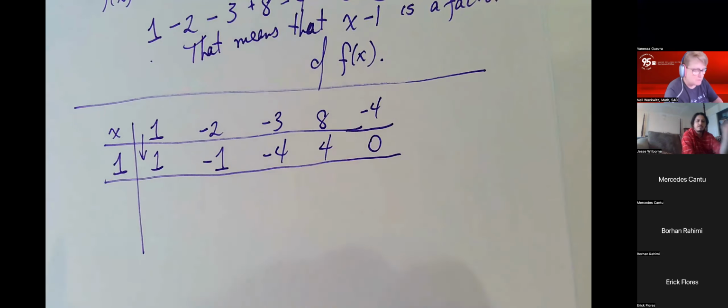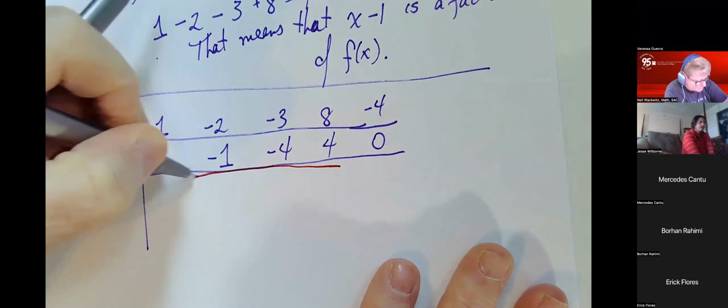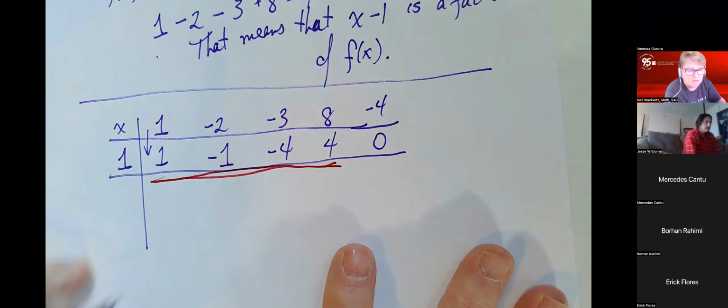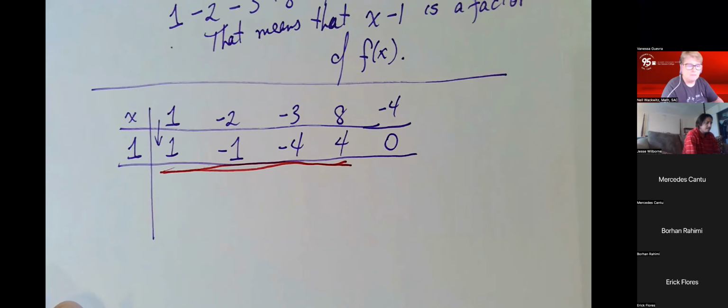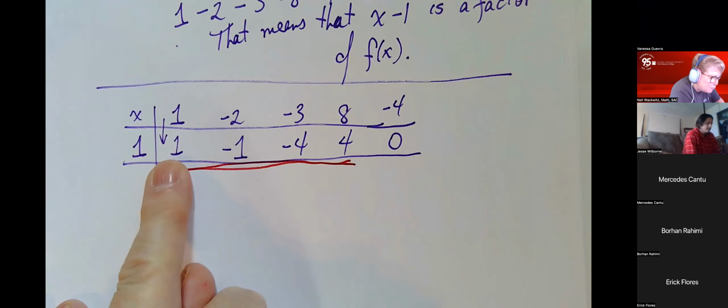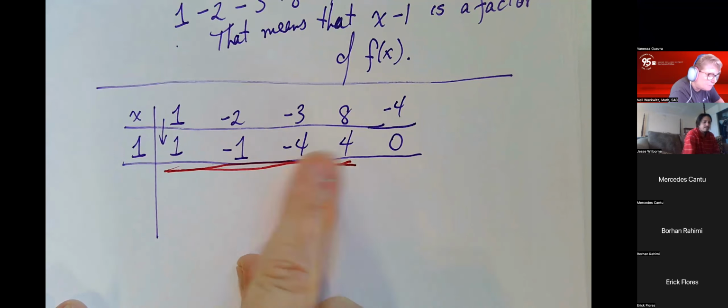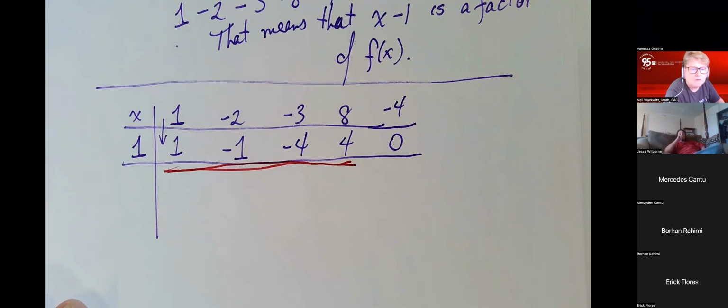Let's see if x minus 1 is a factor again. Anytime we get a 0 for a remainder, we can use the quotient to divide into. So let's see, what is 1 minus 1 minus 4 plus 4?